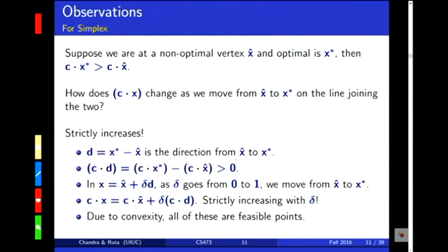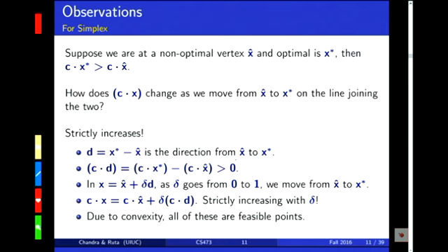Right? So if you look at all the points which are x hat plus delta times d, where delta goes from 0 to 1, so if delta is 0, then you are at x hat. When delta is 1, then you replace d here, which is x star minus x hat, you get x star. So as delta goes from 0 to 1, you move from x hat to x star.